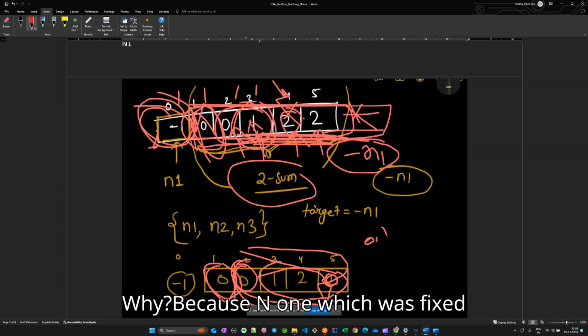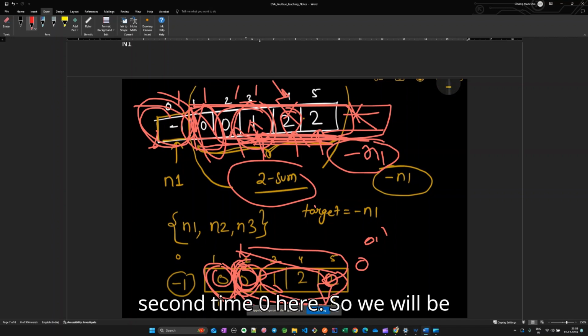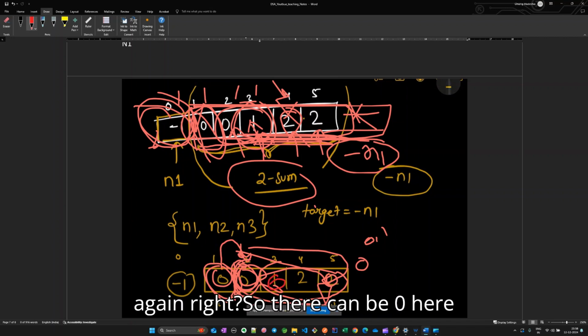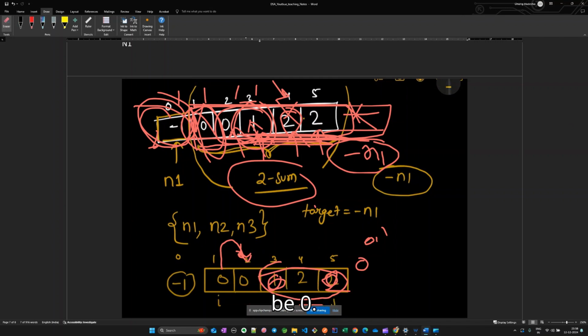Why? Because n1 which was fixed was repeating two times, 0 first here and the second time 0 here. So we will be checking for n1's again, right? There can be 0 not here because it is sorted, right?